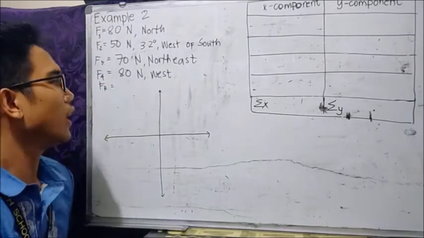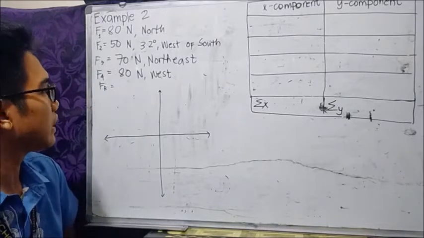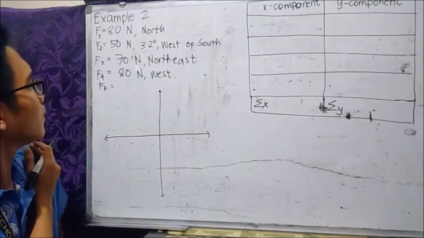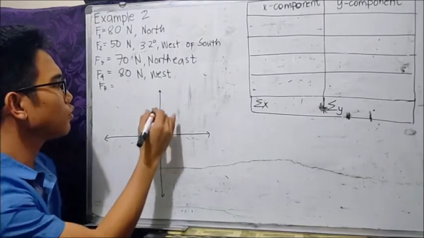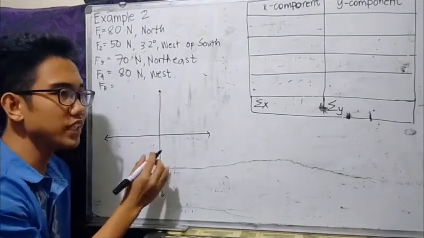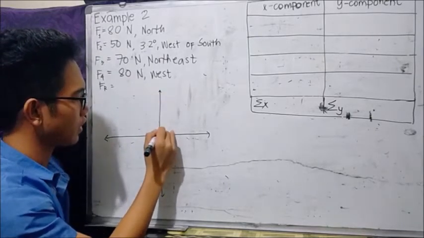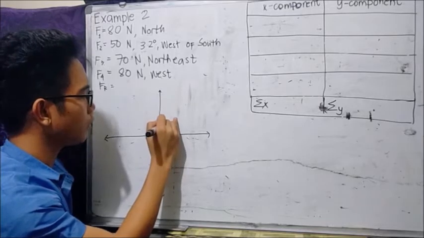Okay, first let us try to plot them on the Cartesian plane one by one. Our first vector is 80 Newton north, so it means that our first vector is on the y-axis.